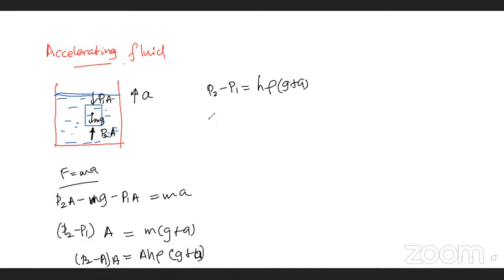Now, based on this, you can think of something. If the vessel is falling down with the acceleration of gravity, then P2 minus P1 equals rho h times (g plus a). Since it is also going down, a is minus g.